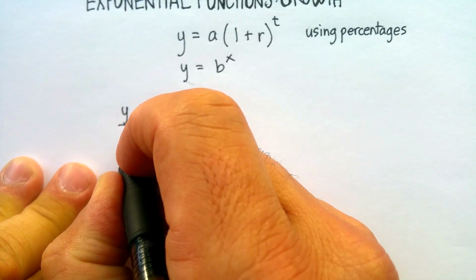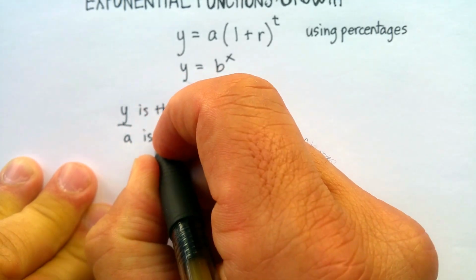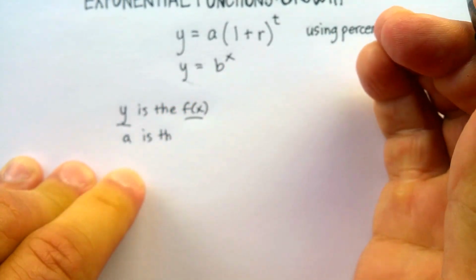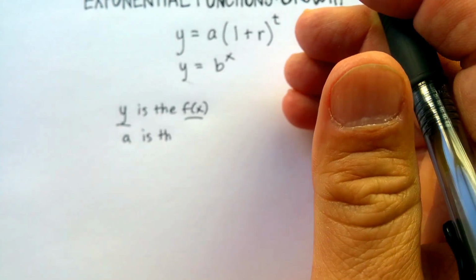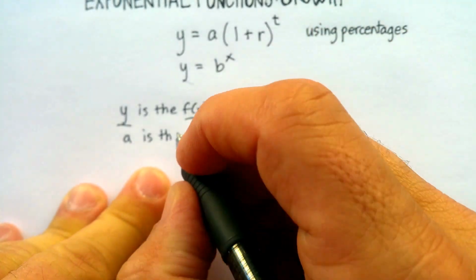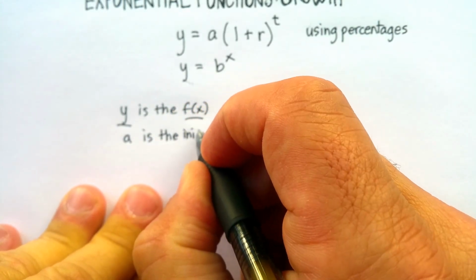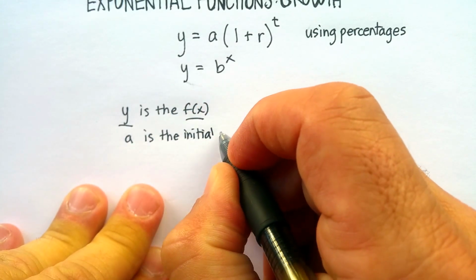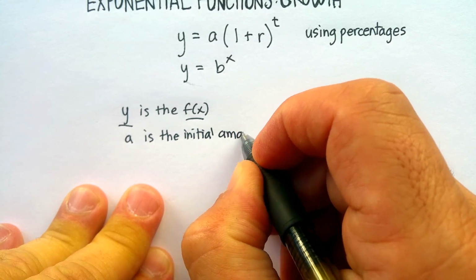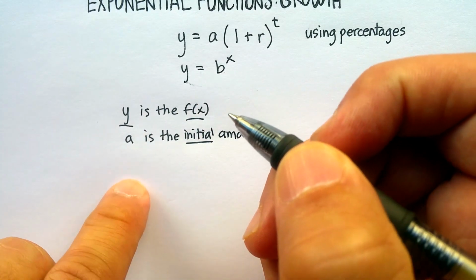Another thing to know, a is what they call the initial amount of whatever substance you are starting with, whether it be money, number of bacteria, pennies, whatever. So a is the initial amount. Remember that initial means whatever you're starting with, okay?